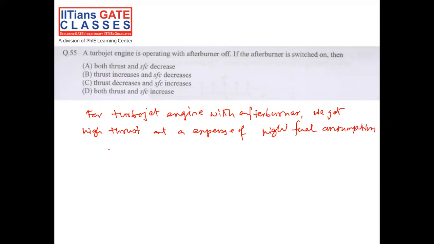And as thrust specific fuel consumption is given by m dot by T, SFC also increases in the case of a turbojet engine with afterburner. So for this turbojet engine operating with afterburner on, both thrust and SFC increase.